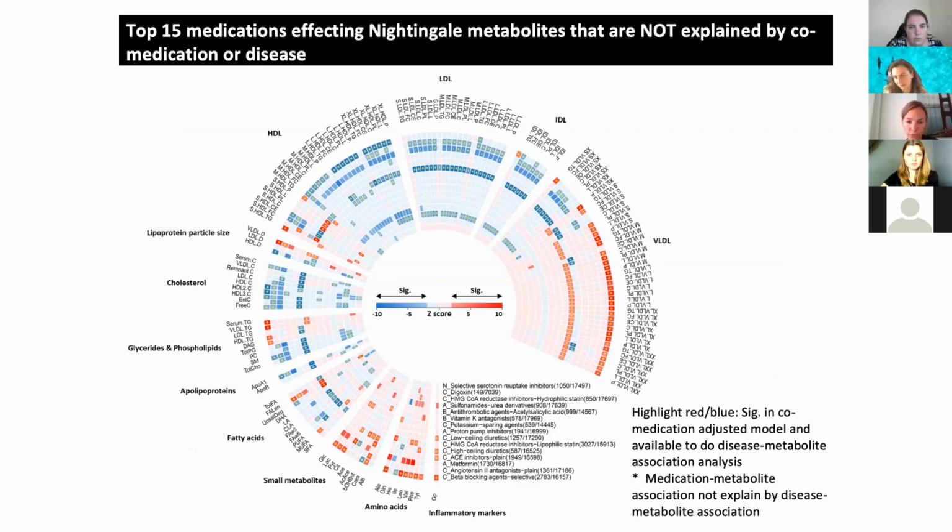So there is a large block of VLDLs, for example, that associate with the beta blocking agents. And so overall, you see the clusters. That's the nature of the panel, because many of these fractions are highly correlated with each other.